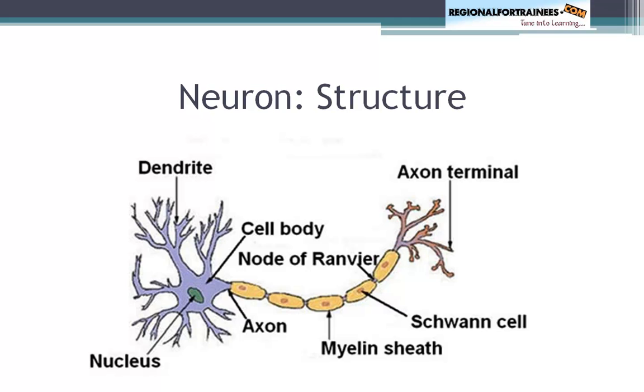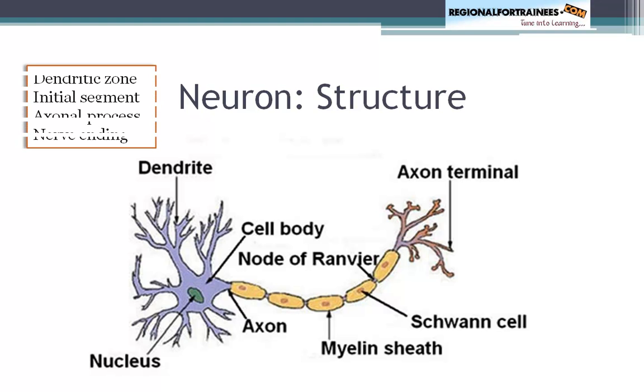And subsequently, the axon terminates into an axon terminal, which comprises small knob-like structures, which are also called buttons. So in a sense, there is a dendritic zone, then there is an initial segment which gives out the axonal process, and finally the axon terminates by arborizing into various nerve endings.